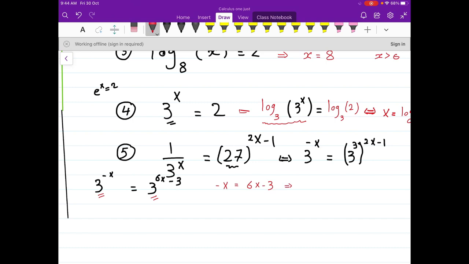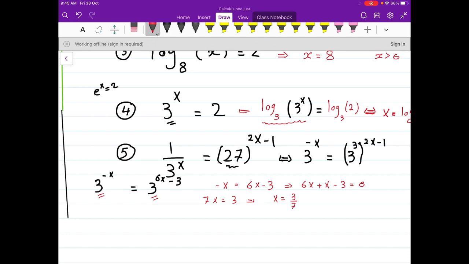Solve this equation: 6x plus x, we just moved this over, equals 3. So 7x equals 3, so x equals 3 over 7.